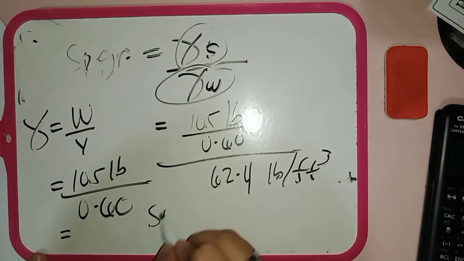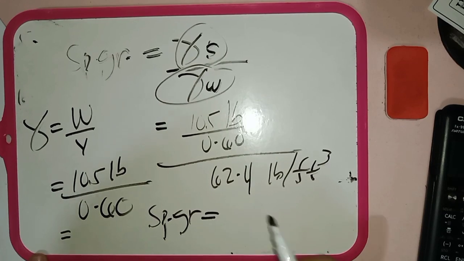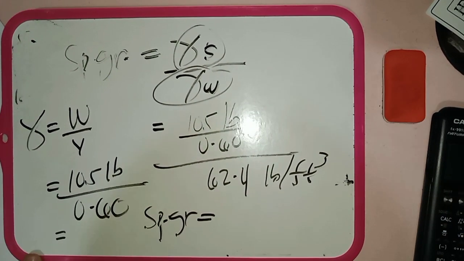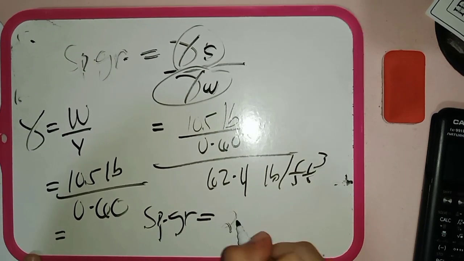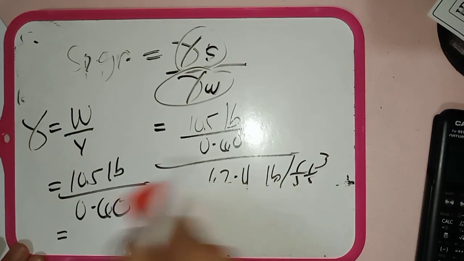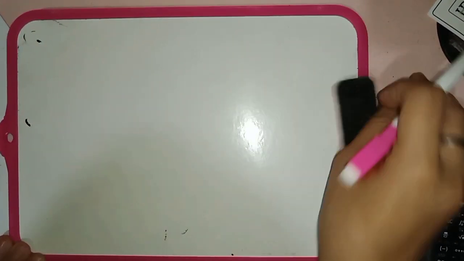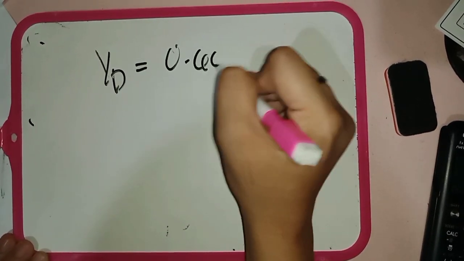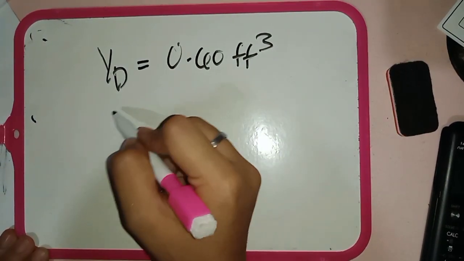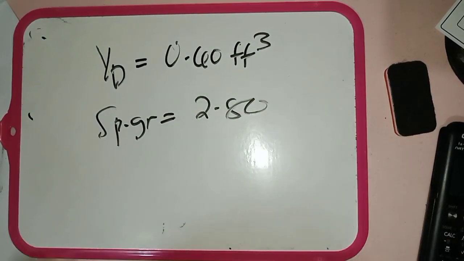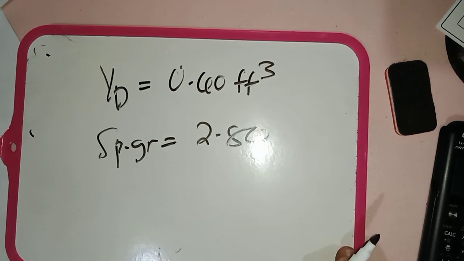So our specific gravity here will be 2.80. So we now have our final answer: the volume displaced is 0.60 cubic feet and our specific gravity is 2.80. So here's our final answer.